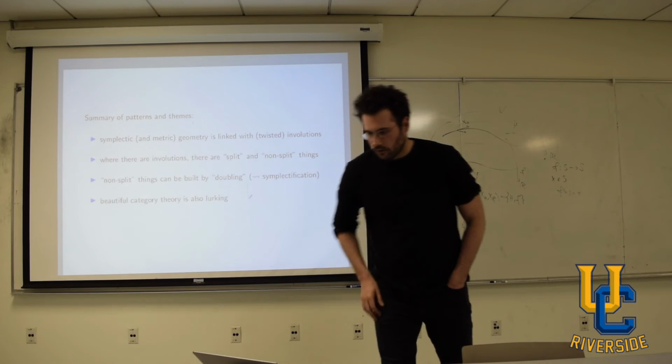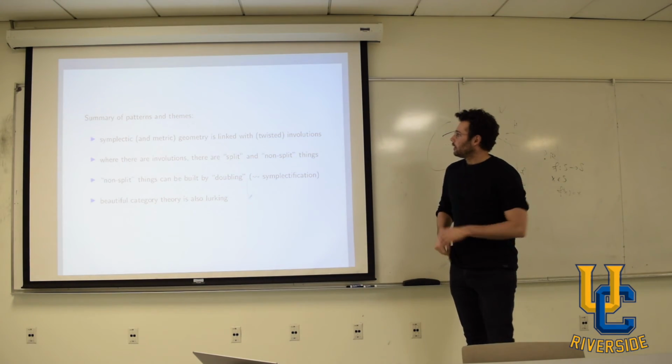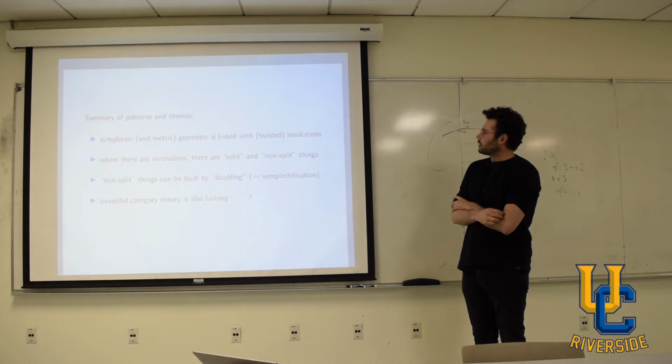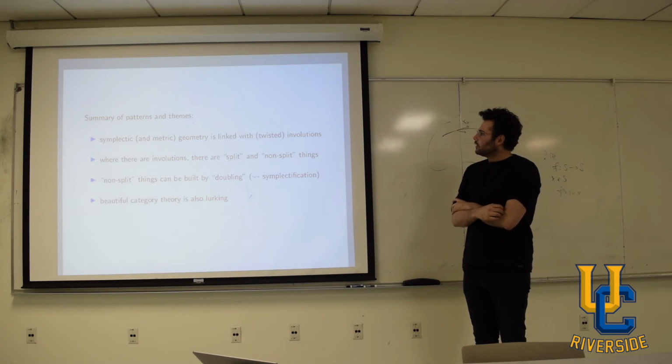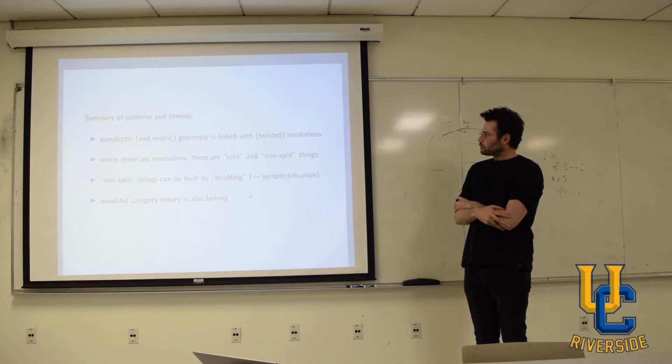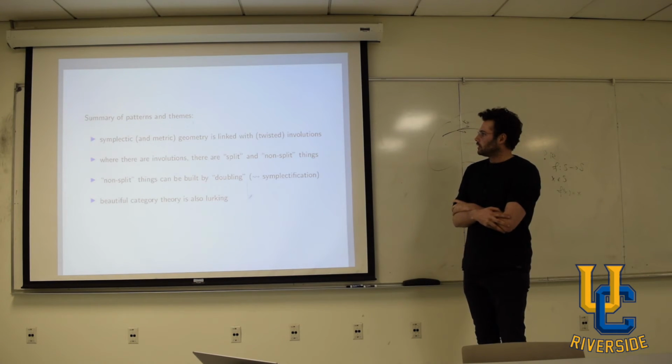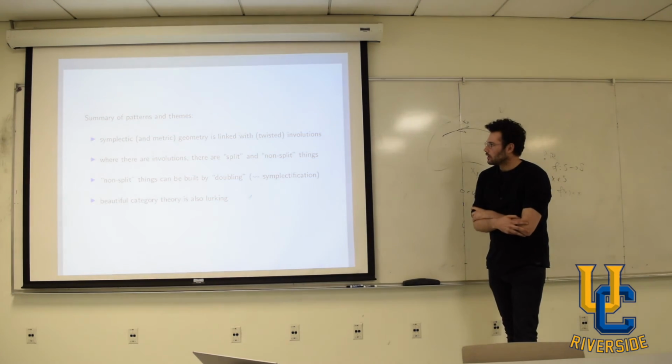Okay, so to sum up, the nice patterns and themes in this whole picture are that the symplectic and symmetric pictures, and the metric geometry, are connected to involutions, twisted involutions.